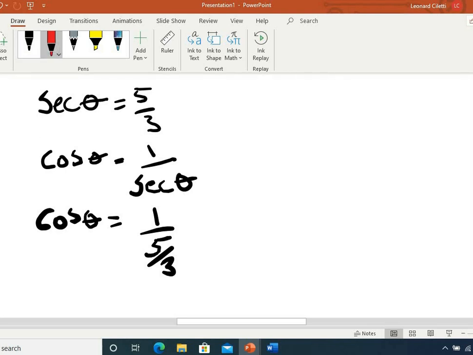Remember, rules of fractions for us is when we divide fractions, we multiply by the reciprocal. So the reciprocal of this is a 3 over 5, but we have to multiply it in terms of 1.